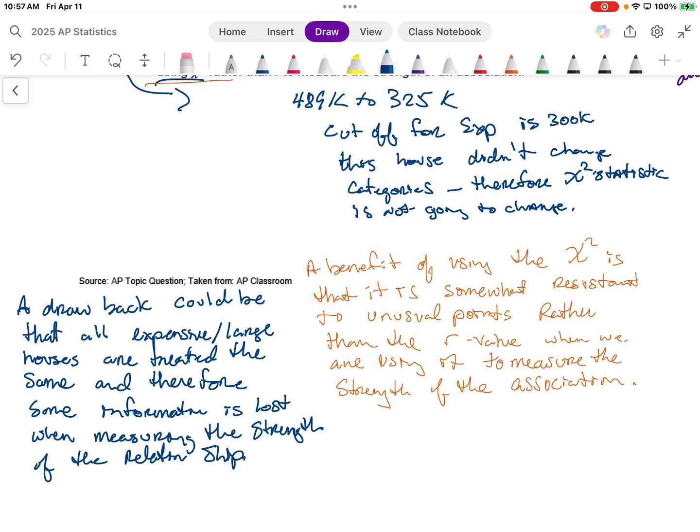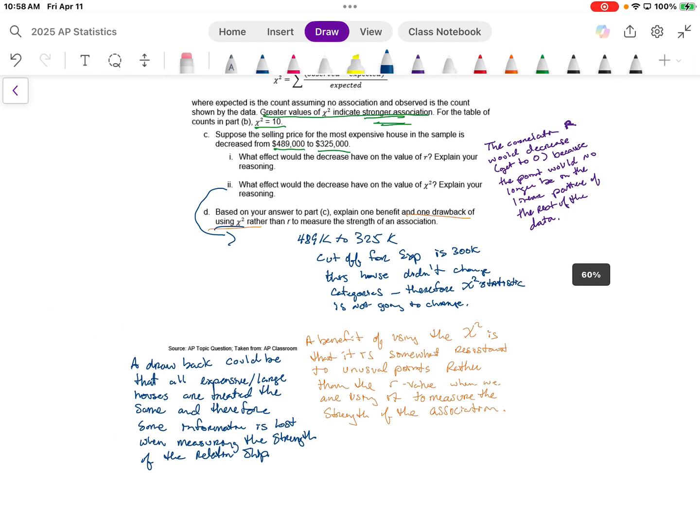If I had a couple E's and then I had an I, then I'm at least getting 2 points on this problem. I might get 3. If you leave the benefit and the drawback totally blank, they would give you an I on that part. And so I could see most likely 2 E's and an I. Let's see, how many parts did we answer? Is that the fourth part?